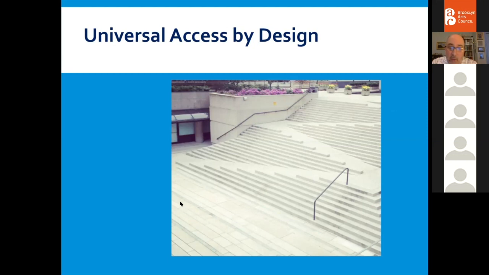So those who can walk stairs and those who might need more assistance, including a ramp. The idea of multiple users and different types of access was taken into account from the beginning, so that the design included universal access from the beginning.